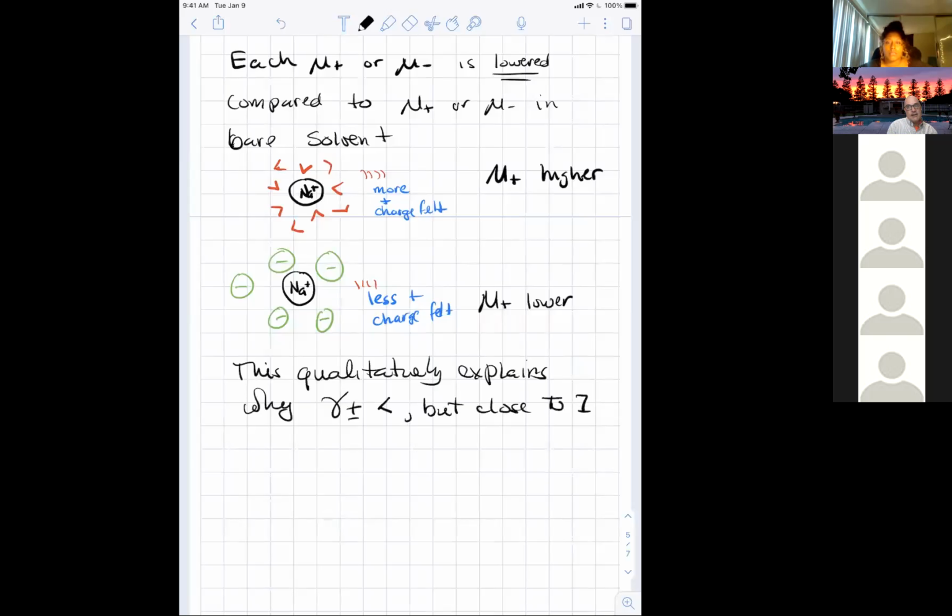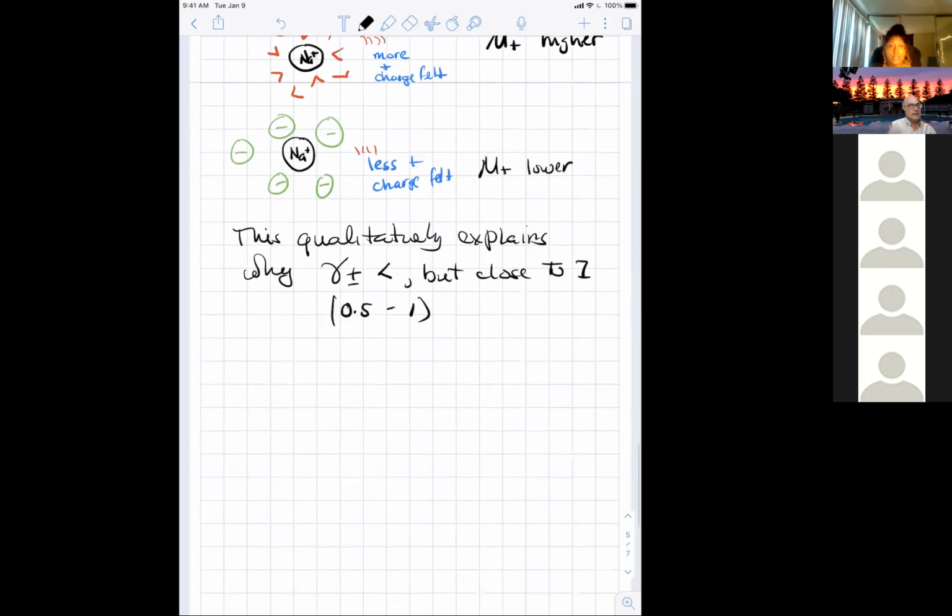And what I mean is that it's between 1 and 0.5. It's really a moderate ionic activity coefficient compared to the activity coefficients of other real systems, right? It's kind of unexpected because the forces are so strong, right?